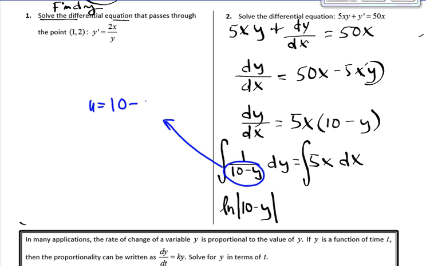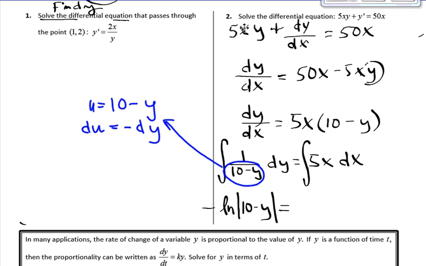If 10 minus y is your u, then du is negative dy. So when you take care of that u substitution, you're going to have to throw a negative there in the beginning. So make sure you do not forget that. And then remember, the plus c doesn't matter. I'm going to add that all at the end.